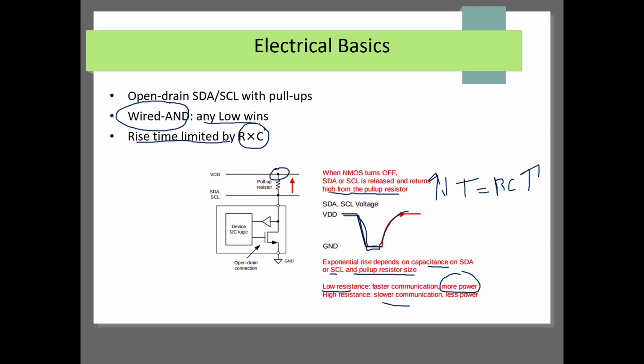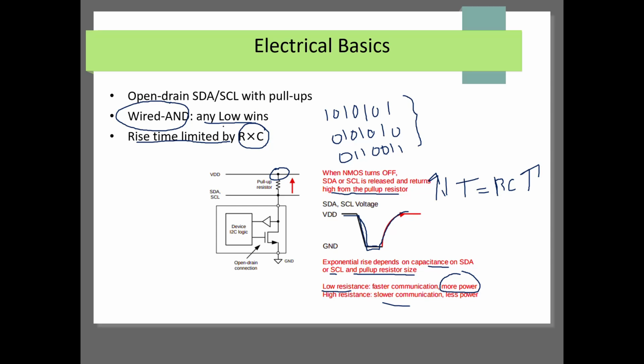Suppose you are sending some address, either 1010 1, and another address 0101 0, and another address 0110 0. So now tell me, which address is communicating first here? Low wire wins, right?